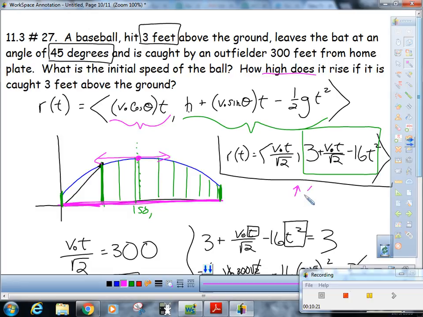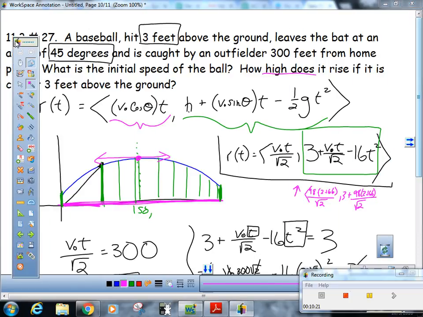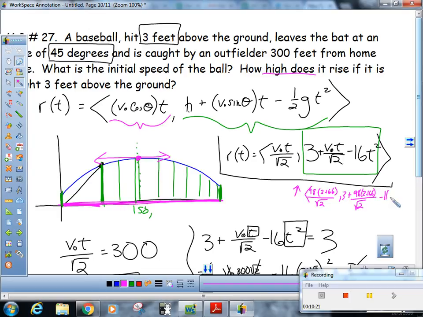So at a V0 of 98 and a t of 2.166, so 98 times 2.166 divided by radical 2, comma 3 plus 98 times 2.166 over radical 2, minus 16 times 2.166 squared.